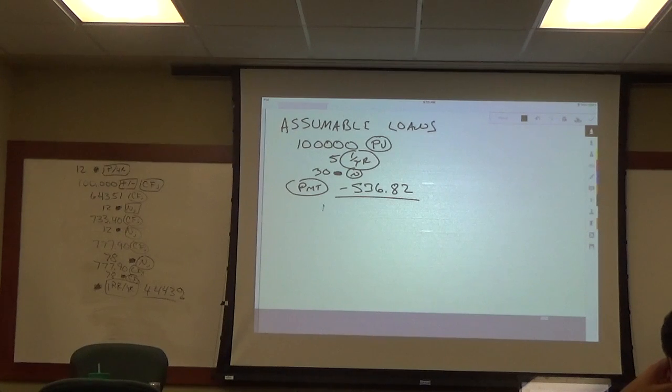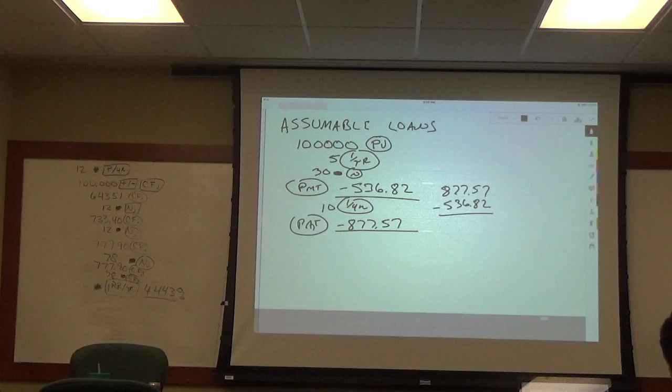Now at 10%, it's $877.57. So we know that the difference between the two is $340.75. Just to keep the math simple, that's $340.75 that he is saving for 360 months. Yes?